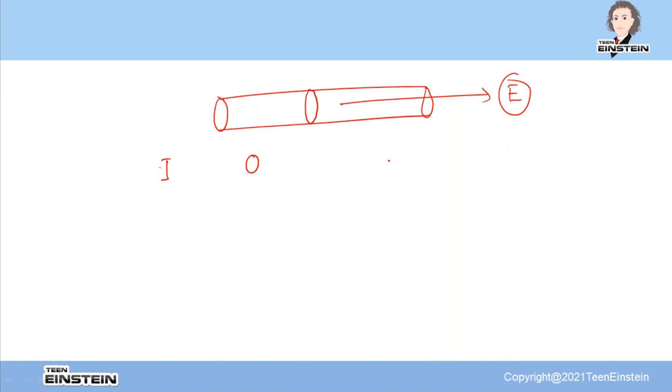Before I go to the definition of the current, I'll tell you one more thing. When I have a conductor, what does that mean? Conductors have free electrons. What do you mean by a free electron?